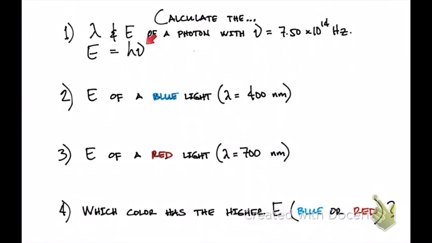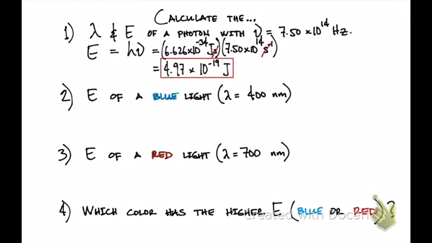So all we have to do is multiply the frequency by this constant, Planck's constant. So in that case, 6.626 times 10 to the negative 34th times the given frequency. And you can see that the unit seconds will cancel, and you're left with joules, which is the unit of energy. So multiply the two numbers and we get 4.97 times 10 to the negative 19 joules.